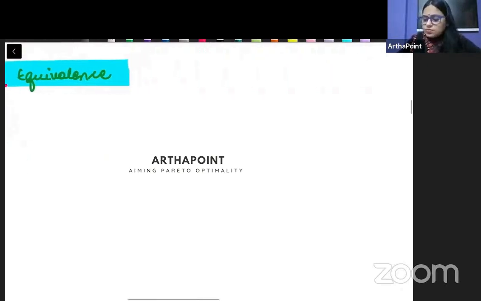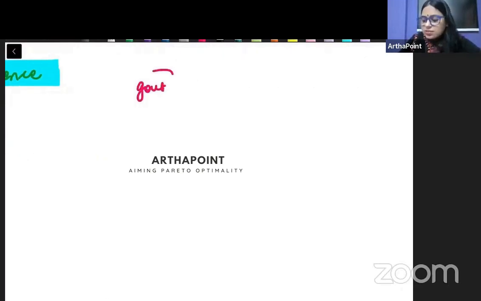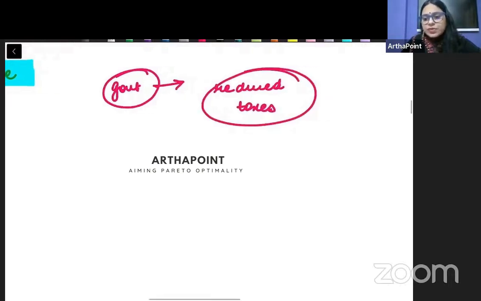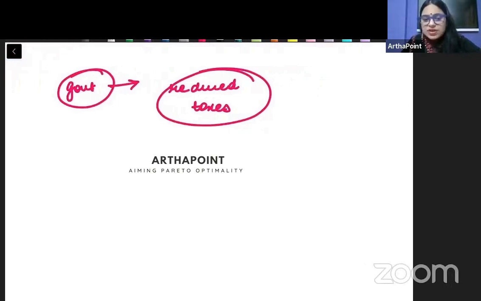ध्यान से समझो. It says, suppose there is a government. It has gone ahead and it has reduced taxes. Government ने आज taxes कम कर दिए. Right? It will still do its expenditure. खर्चा तो अभी भी करना ही है. So this government has reduced taxes, but it is still spending money.